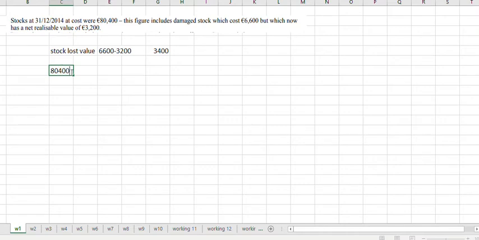So 80,400, take away loss in value, equals 77,000. At the moment, that is our trading figure and our current assets figure.